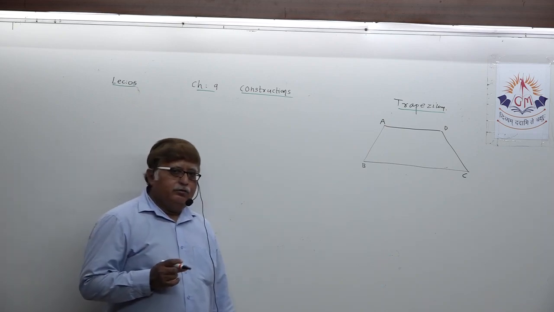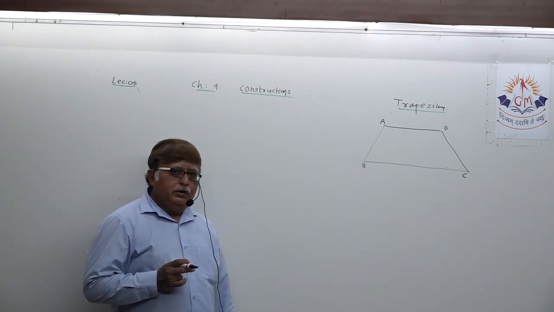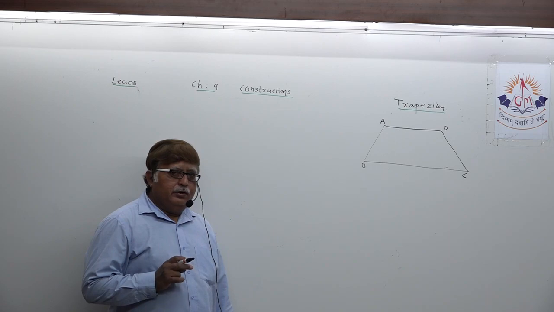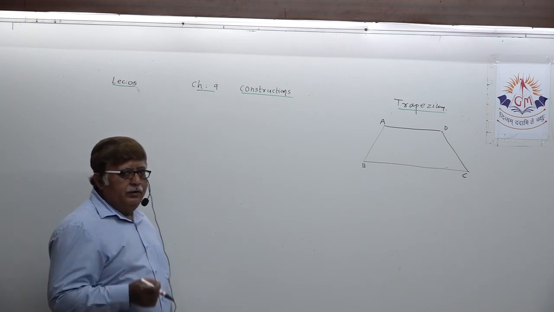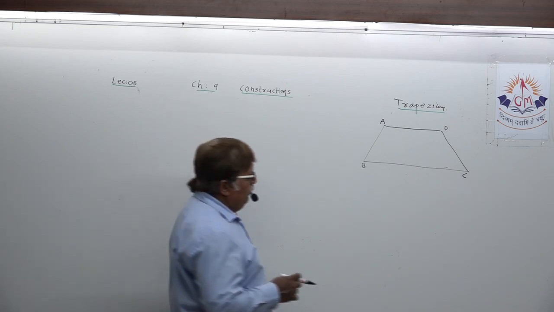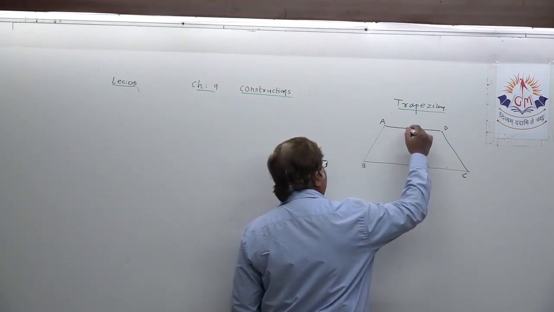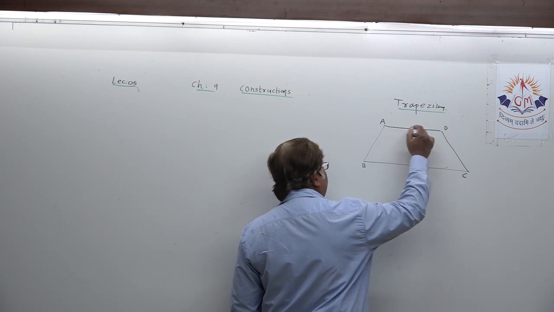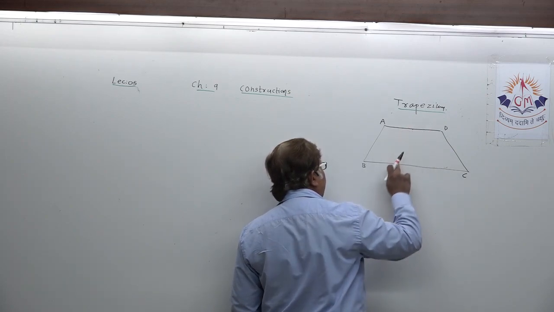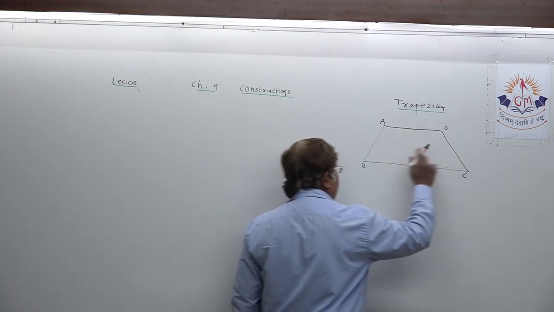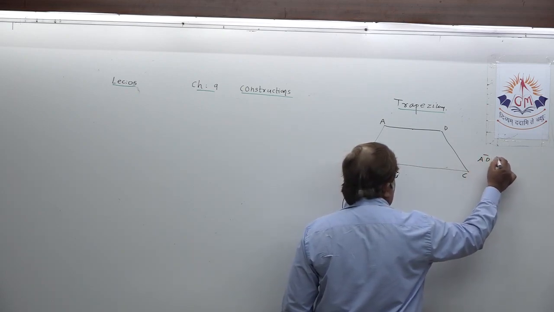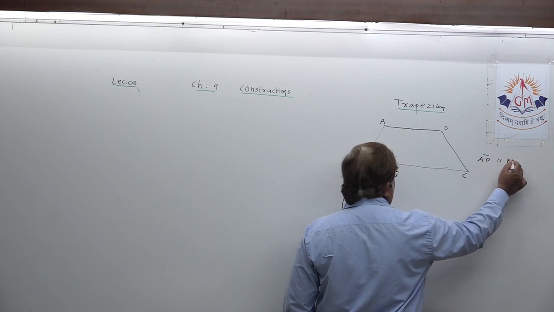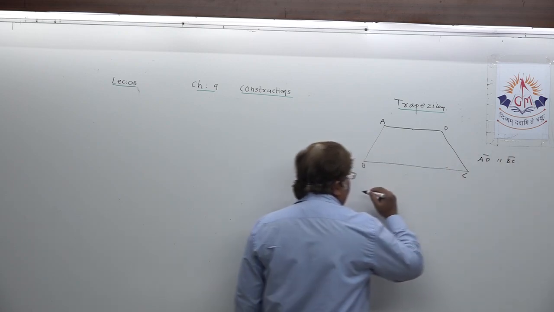Understand, because trapezium is the only quadrilateral where only one pair of opposite sides is parallel. Here, dear student, this pair AD and BC are parallel to each other, which you can see from the diagram.